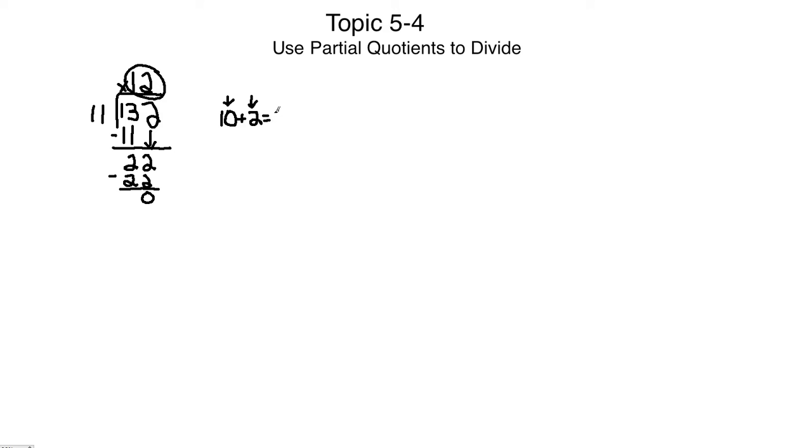What's 10 plus 2? 12. So it doesn't make sense to me to do it double. I mean, you already got the answer here, but I just want you to know that they want you to understand that the partial quotient is a 10 plus a 2.